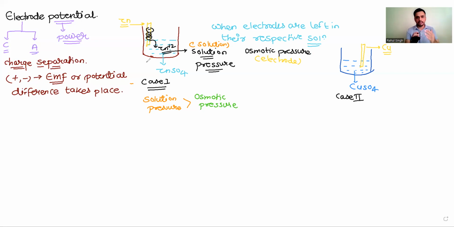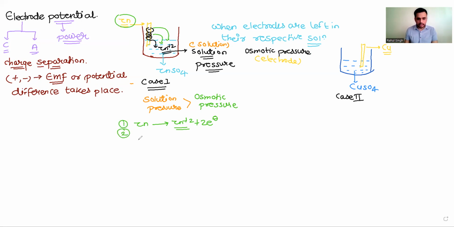The ions from the zinc rod are getting deposited inside the solution. Here Zn is converted to Zn+2 and 2 electrons are given off. So this is our first observation.